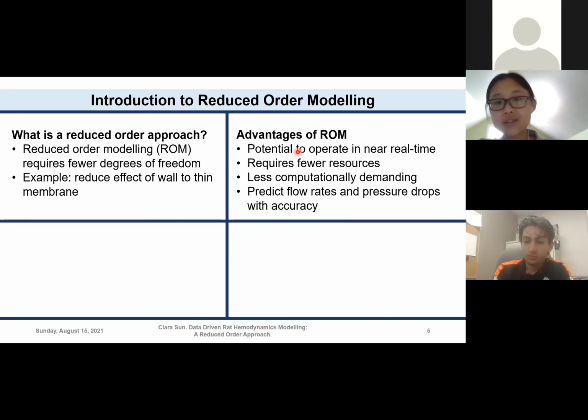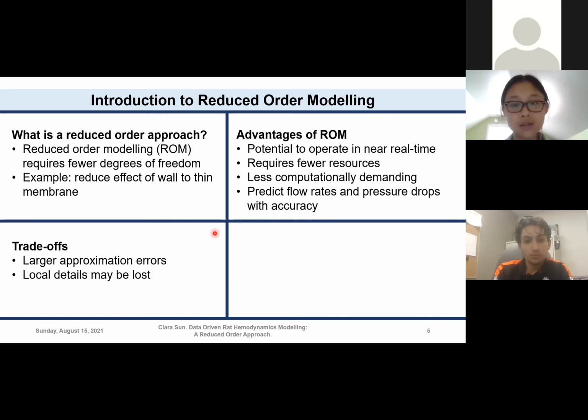Now, I've mentioned some of the advantages of ROMs already, and here are several more. Other than being less resource intensive, reduced order models have the potential to operate in near real time. ROMs are also less computationally demanding than their full order model counterparts, and they can predict variables such as flow rates and pressure drops with fairly good accuracy.